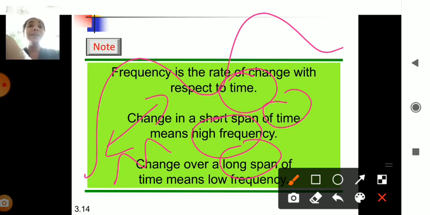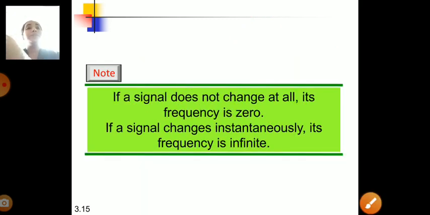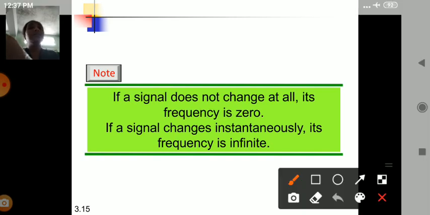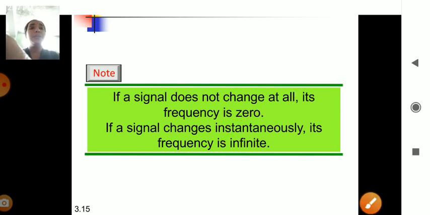When the time is less, it is a higher frequency. If the signal does not change at all, it is at zero frequency. When it is changing continuously without any break, it is infinite frequency.